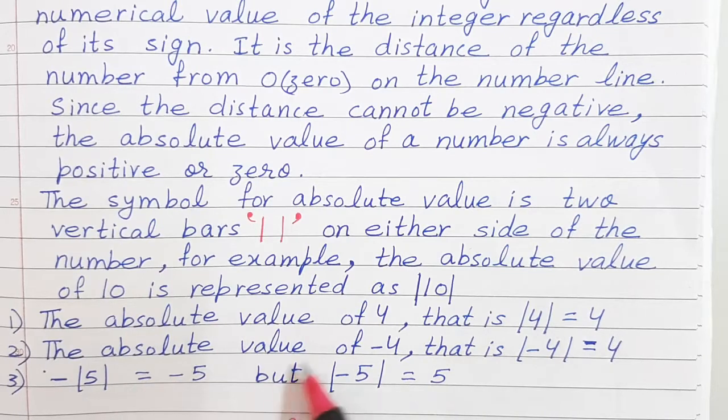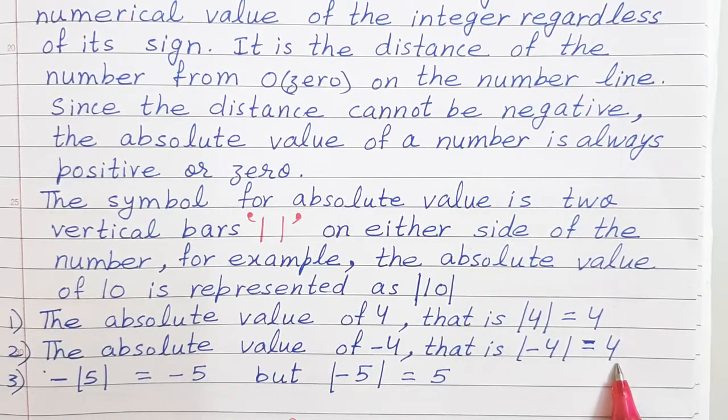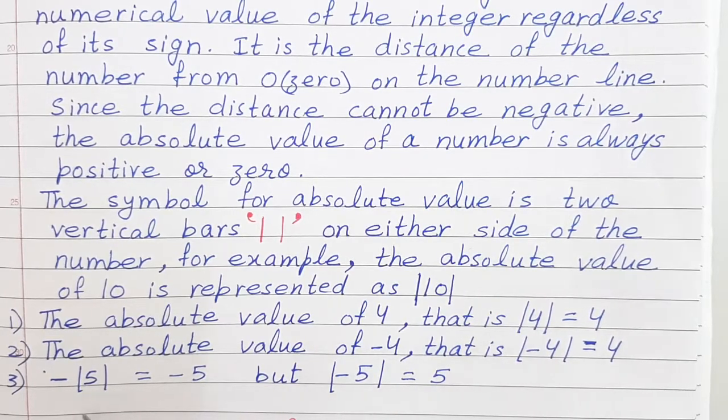The absolute value of minus 4, that is absolute of minus 4, is 4. Similarly, if minus sign is outside the absolute value, in that case it is minus 5. But if minus sign is inside the absolute value, the answer is 5.